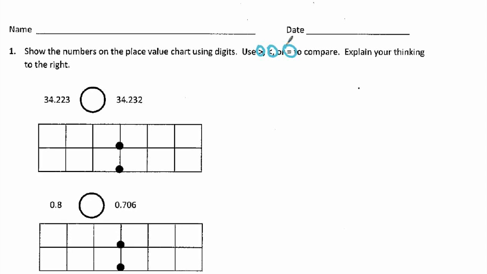So let's look at these two numbers for a minute. Give me a thumbs up if you think the top number is the largest number, and give me a thumbs down if you think the bottom number is the largest number.